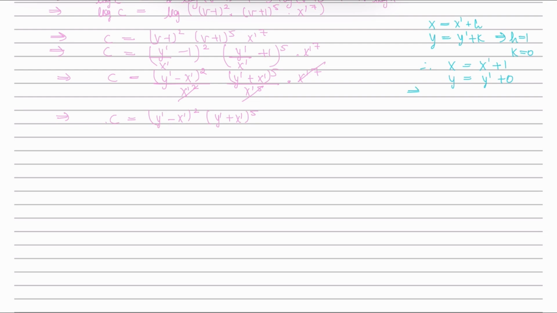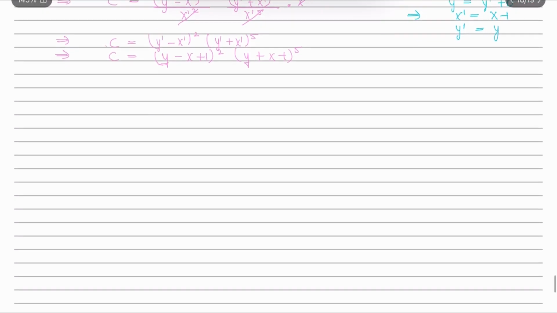From here, we can find the value of x' as x minus 1 and the value of y' will be y. Using these two values, the final equation will become c equals (y minus x plus 1) whole square into (y plus x minus 1) to the power 5, which will be the required solution of the given problem.